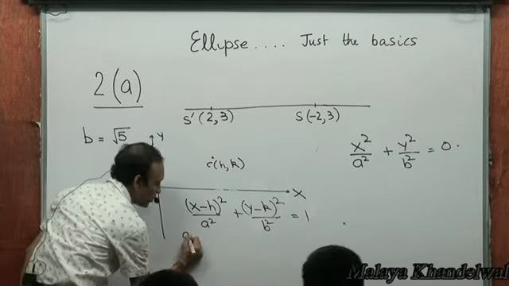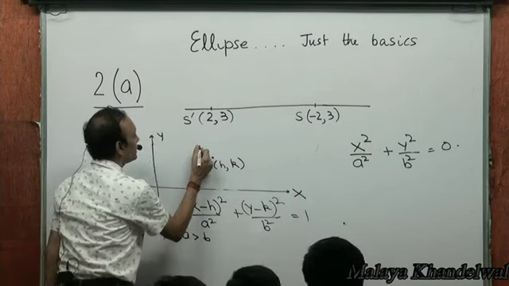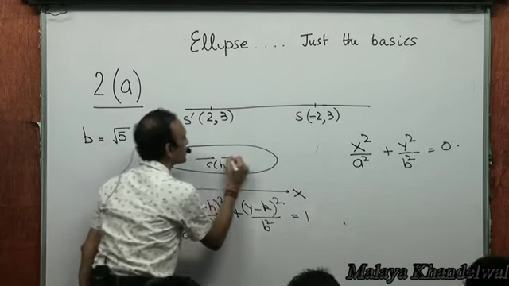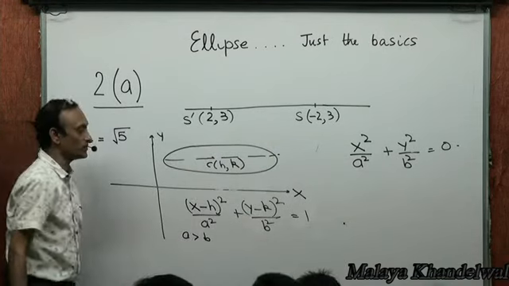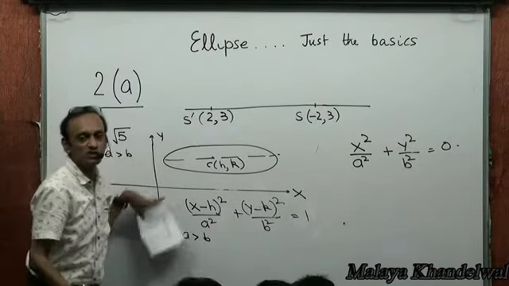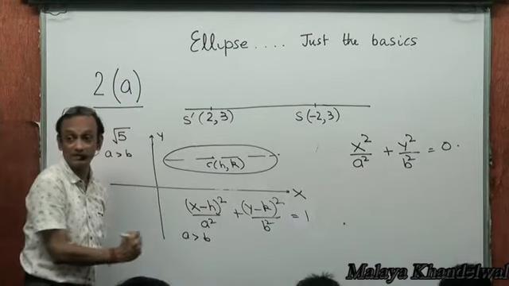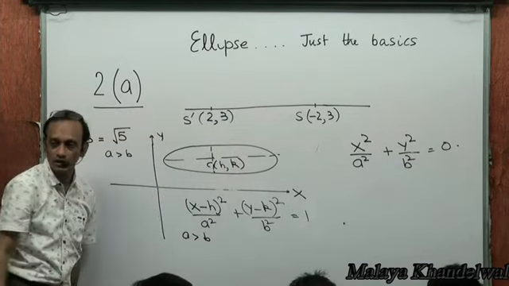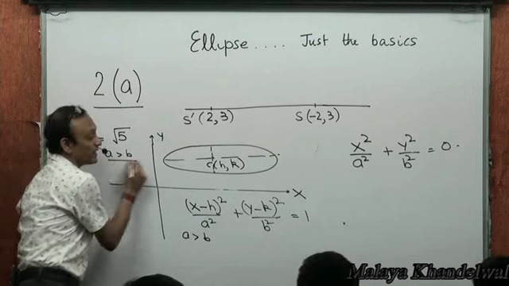Now if a was more than b, then the ellipse would look like this. If a was more than b, this would be an ellipse in which a is more than b. Its major axis is parallel to the x-axis. Its minor axis is parallel to the y-axis, right? Provided a was more than b.